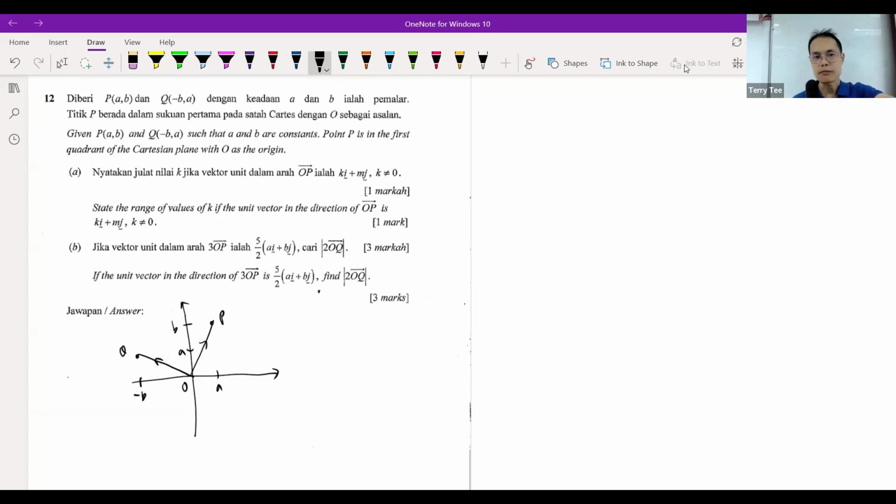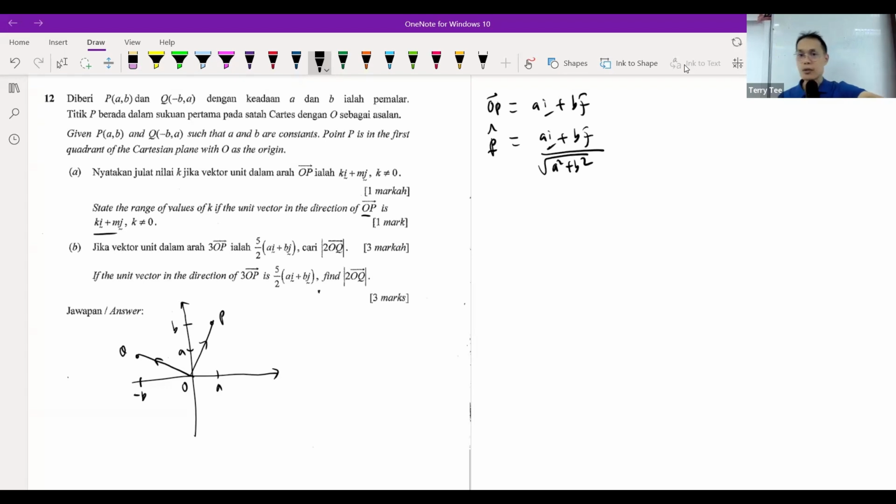Now, you're supposed to, first part, state the range of values of k if the unit vector in direction OP is ki plus mj. Okay, remember, unit vector is a vector divided by its own magnitude, and unit vector must have magnitude of 1. So since my OP, you can write as ai plus bj, your unit vector of P is ai plus bj over square root of a square plus b square, right?